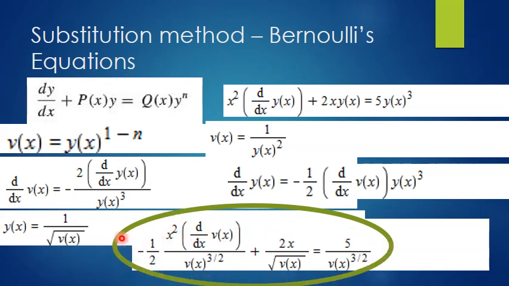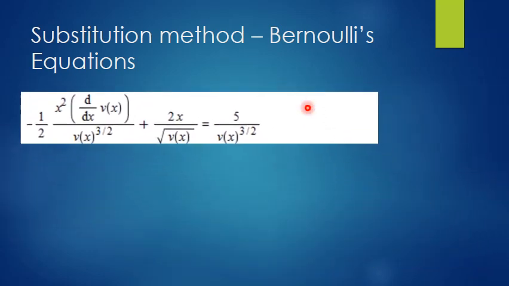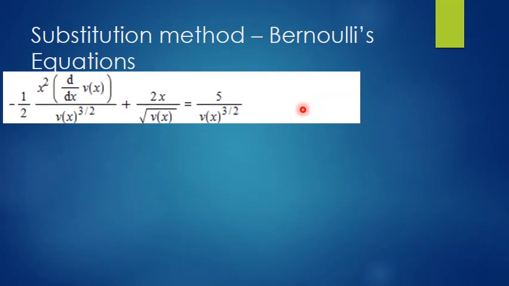Now, just looking at that, you would say this is much worse than this expression. Well, not really. We want to make this look like a differential equation we have experience with, so we have to get rid of all these coefficients and terms that are multiplied times the derivative.